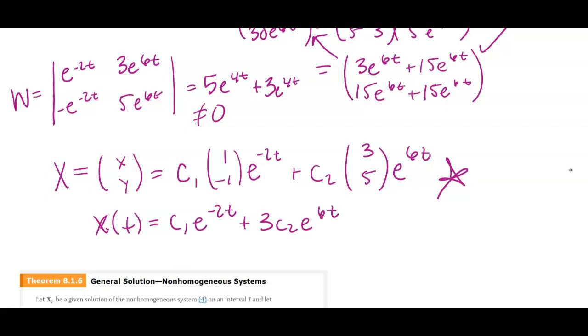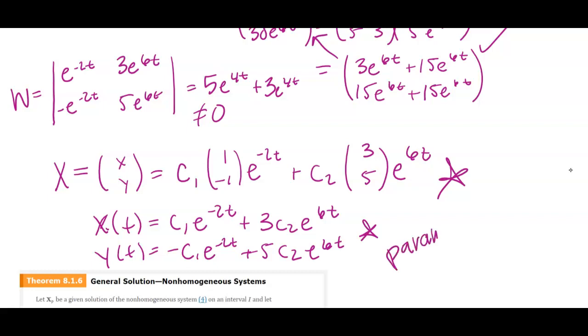is then c1 e^(-2t) plus 3c2 e^(6t). And since it's a system, it does matter that this is 3c2, because I'm going to have a c2 over here, so -c1. I know sometimes we might say that just absorbs it, but since there is a C1 and a C2 in this system, those need to stay as those multiples. So that's what it means. These are parametric equations, like in your Cal 2.